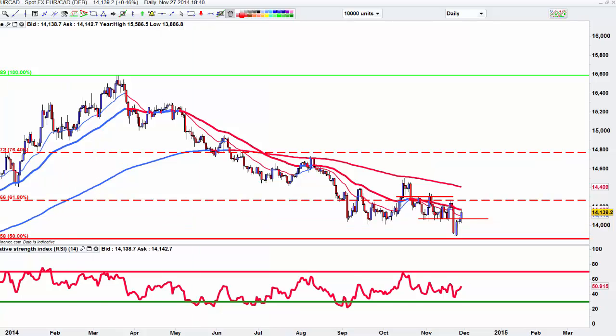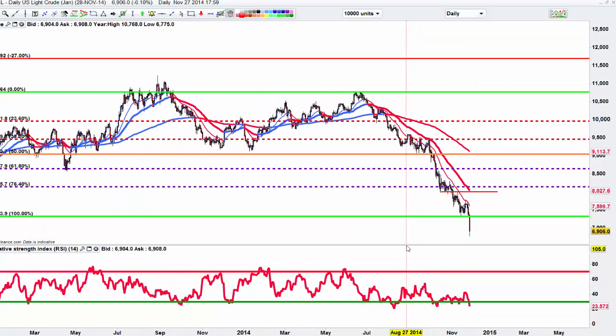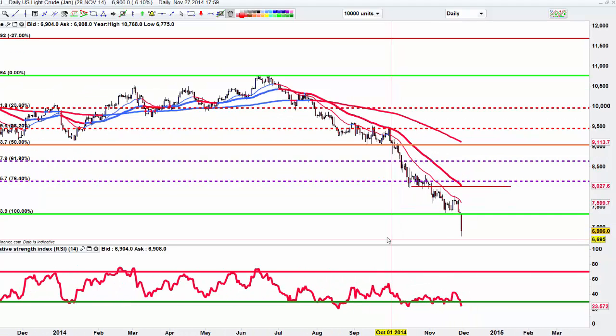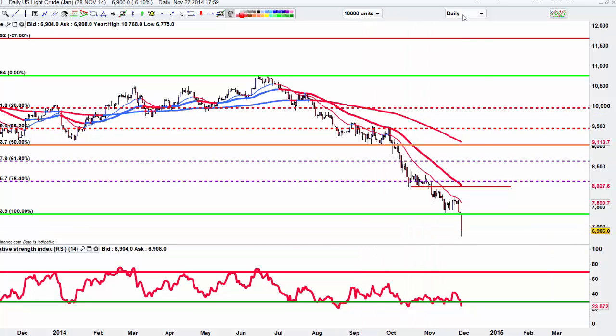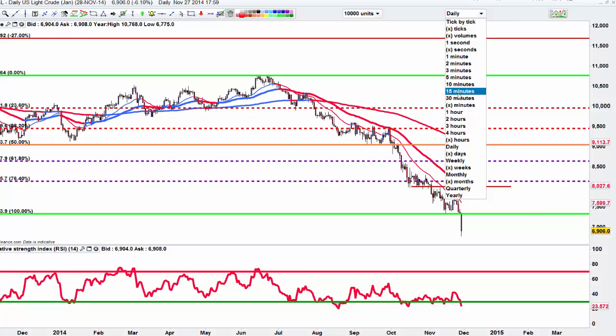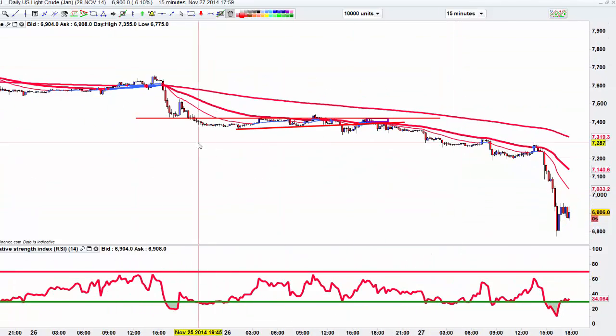Oil. This has rolled over, so any pullback to, let's fib it, let's drop down to a 15-minute chart. You can see the wedge breakdown set up.